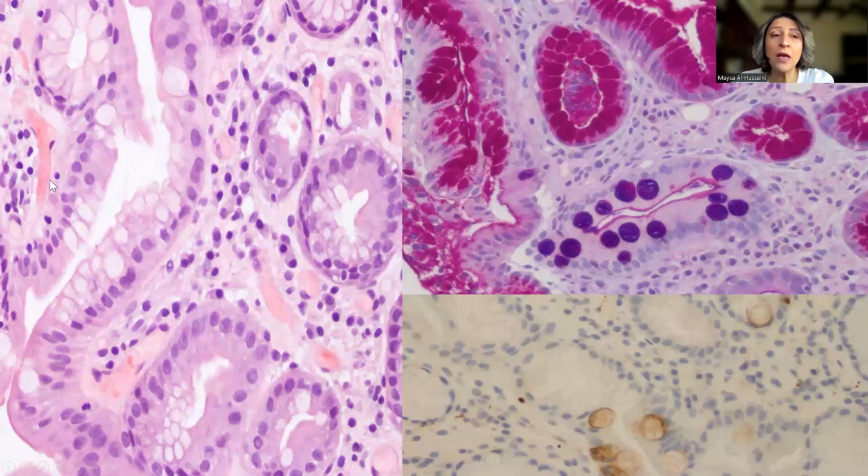So to sum up, when we encounter a gastric biopsy and we're not sure whether there is intestinal metaplasia or not, whether these are true goblet cells or pseudo-goblet cells, it's very easy. We do PAS Alcian blue on the same slide.